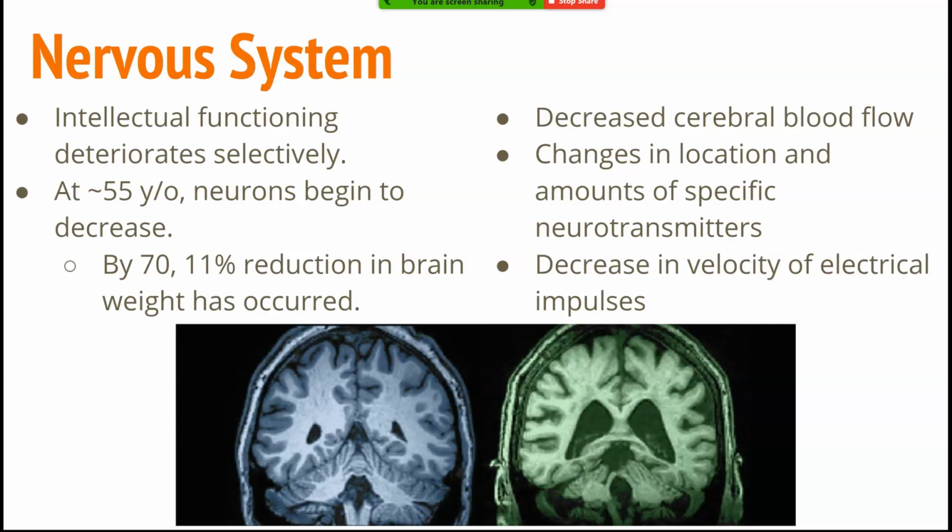Intracranial bleeding, because all of those arteries and veins become much more delicate, right? So you bop somebody's head around, you're going to potentially cause a significant amount of bleeding. In terms of the neurons themselves, you actually do have a decrease in neurons, which is frequently associated with memory loss, forgetfulness, etc. However, if you do keep yourself and your brain active, you can reduce a lot of those issues, okay?